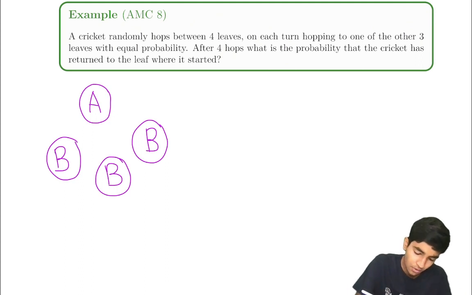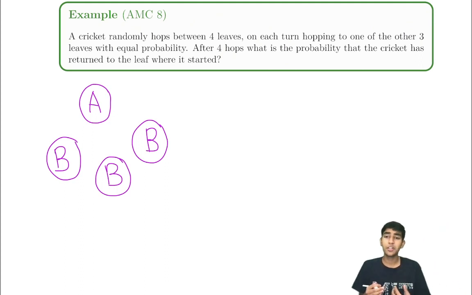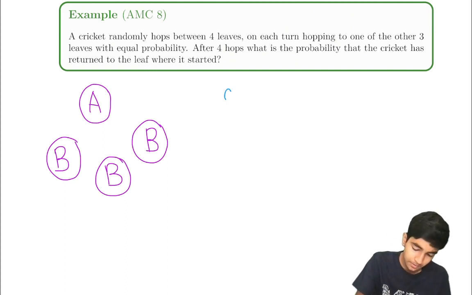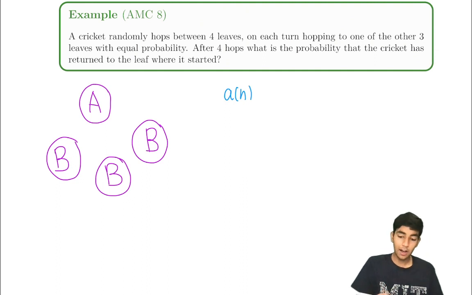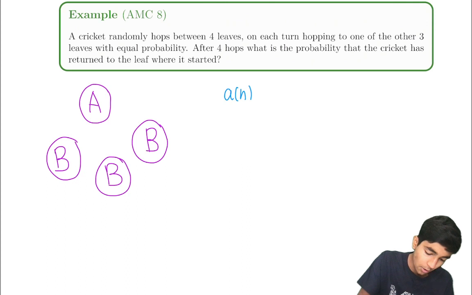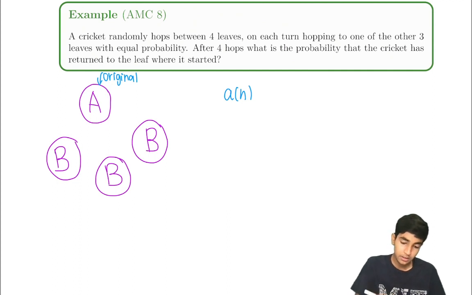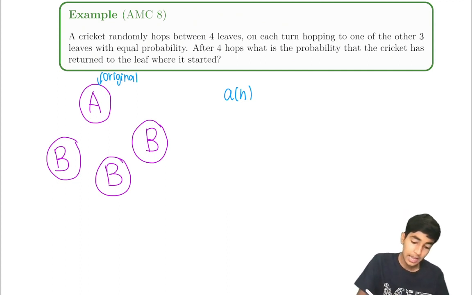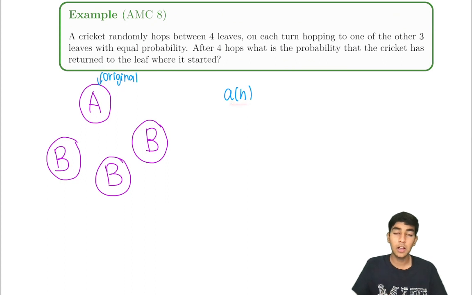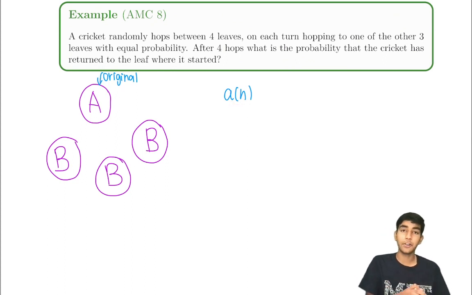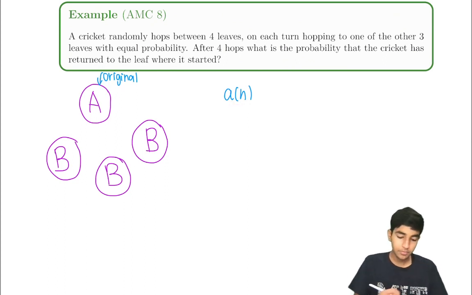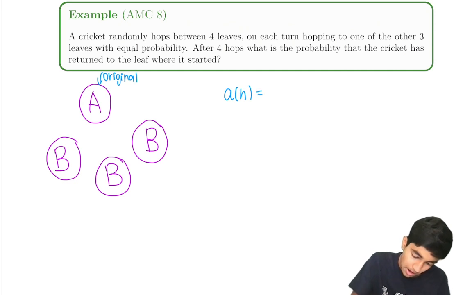So let's say, in this case, we'll actually decide to have 2 recursions. Let's say that A of n is the probability of being on the lily pad labeled A. Remember, this is the original lily pad, original leaf. And let's say A of n is the probability that we're at the original leaf after n hops. Let me write that down.